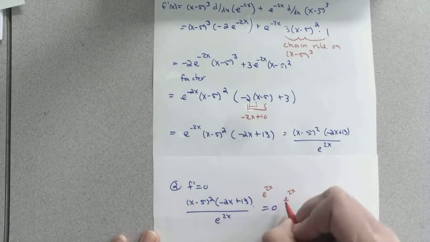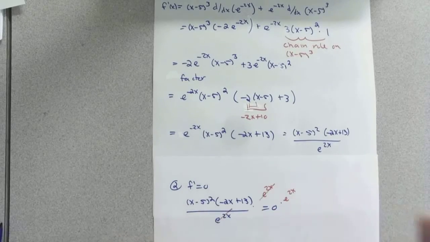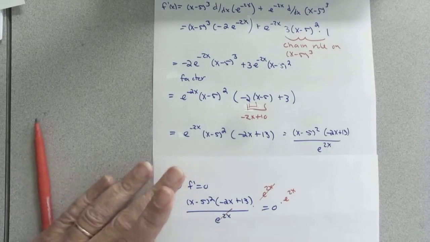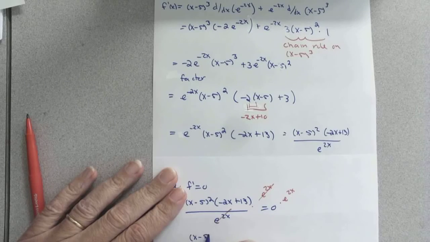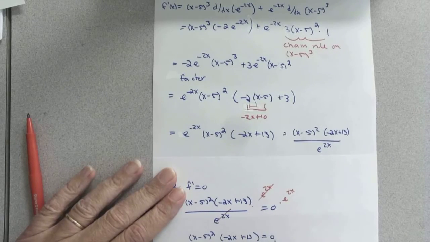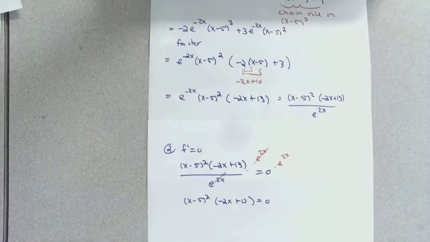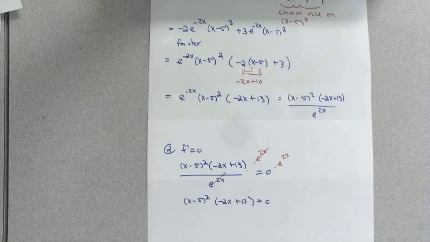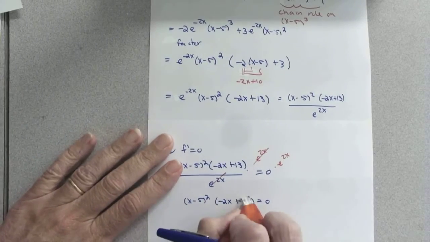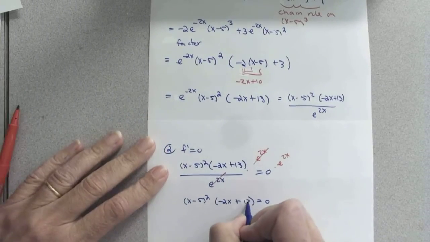Equations with fractions, just like we said in the last one, clear the fractions. You're going to hear me say that over and over again. And now there's an easy way and a hard way to do this. The hard way would be multiply all that out. Please do not do that.